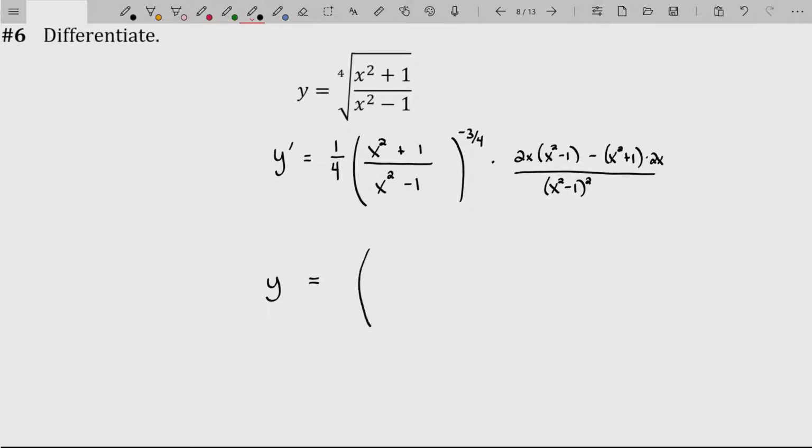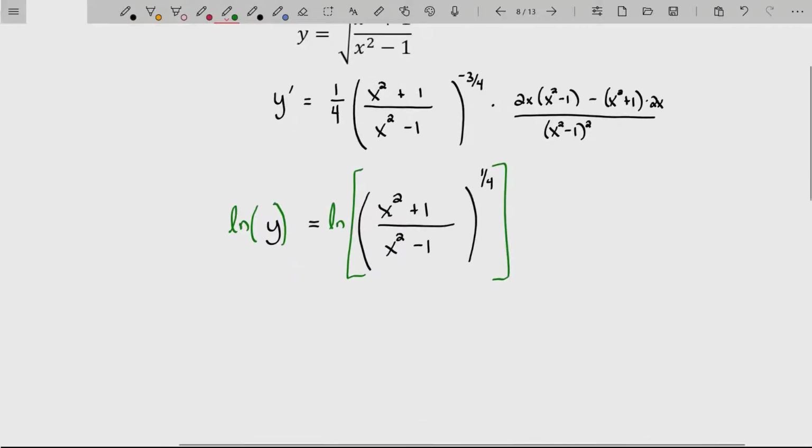Well, let's see. You have the 1/4 power of x squared plus 1 over x squared minus 1. If I were to start this whole problem by saying, I know the output's going to be positive, so let me go ahead and take the logarithm of both sides, natural log of the left-hand side and the natural log of the right-hand side.